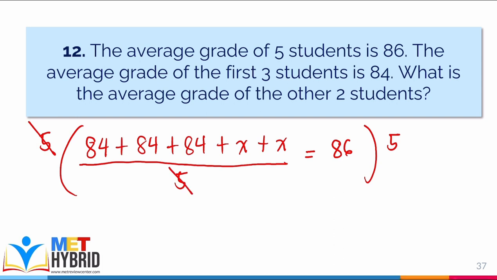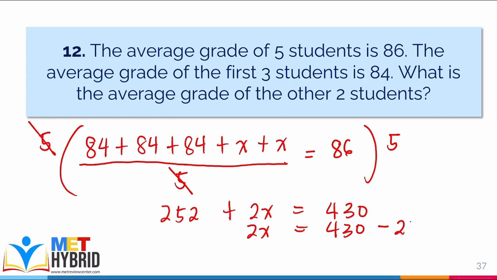Our resulting equation is 252 plus 2x equals 430. Then we transpose 252 and subtract it from 430. 2x therefore is 178.